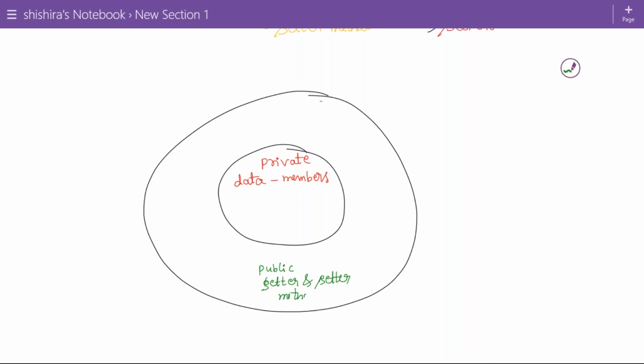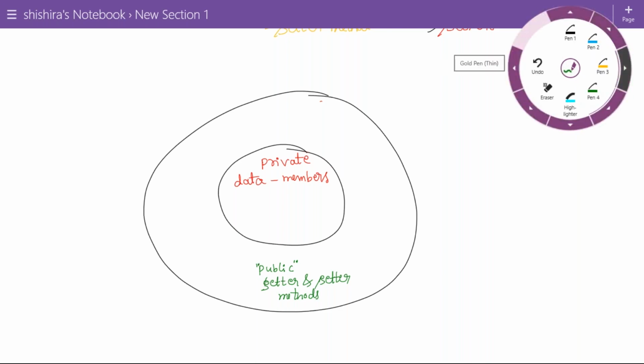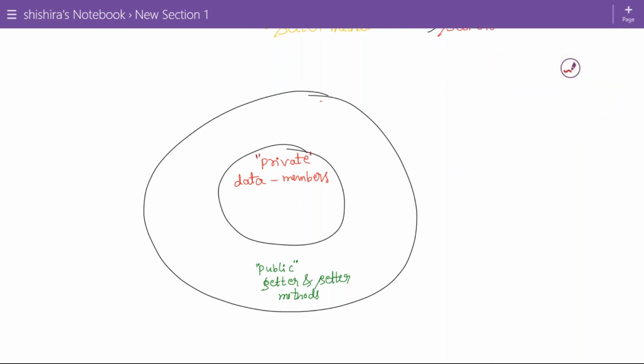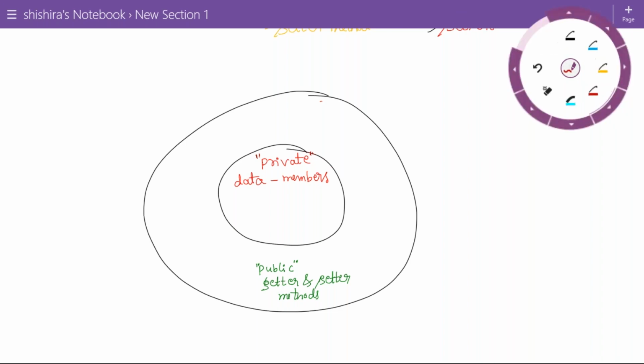Getter and setter methods are also called data handler methods. So public is very, very important: public getter and setter methods. Similarly, every data member must be private. Private is very important. Private data members.